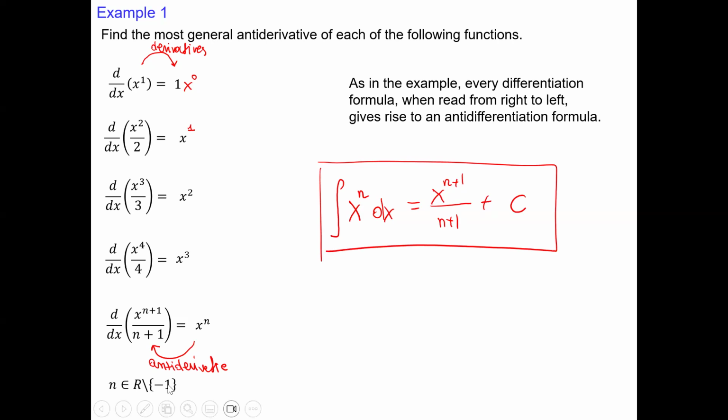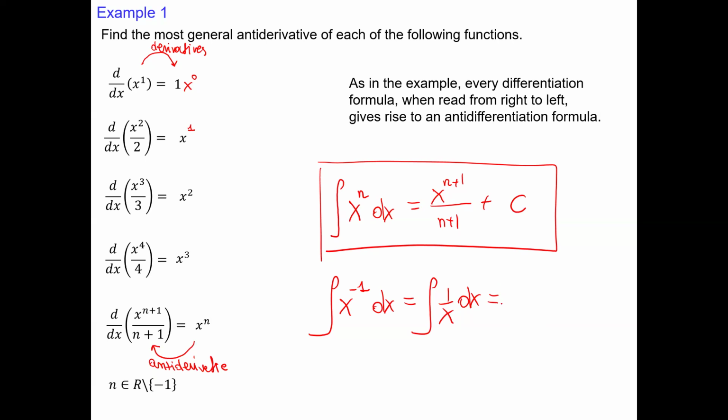Now, what happens if n actually is -1? I can rewrite it like this, because x to the -1 is 1 over x. And now the question is, what is the function whose derivative is 1 over x? Yes, of course.